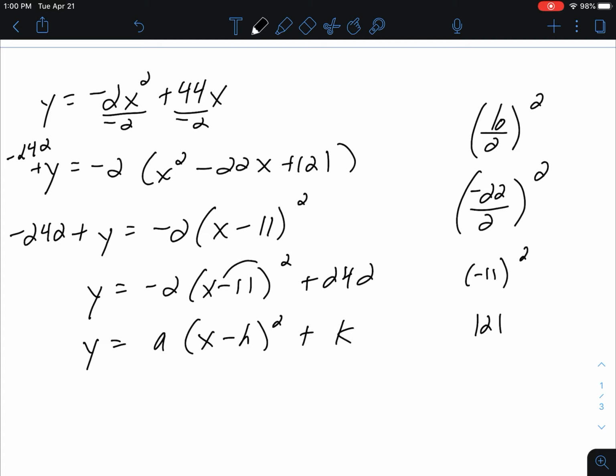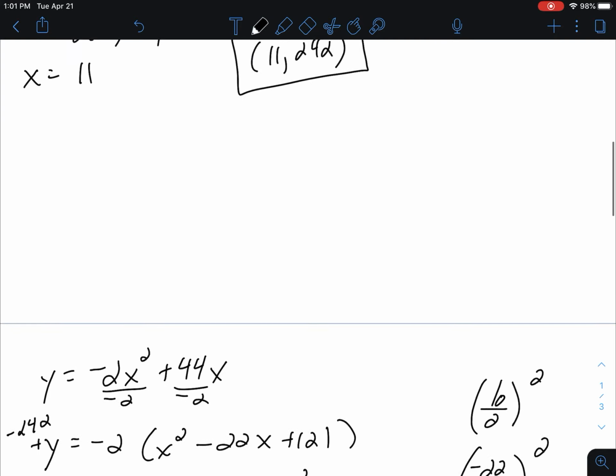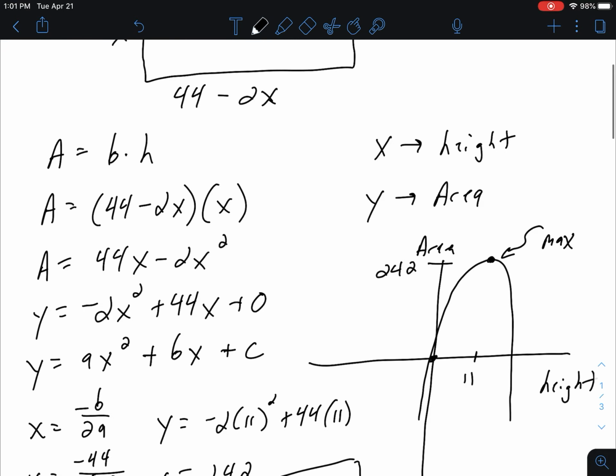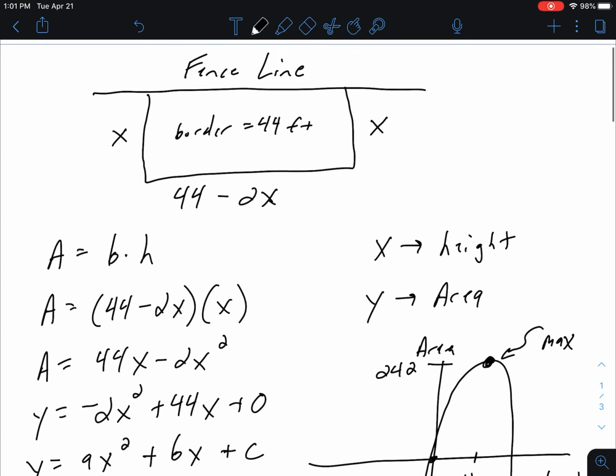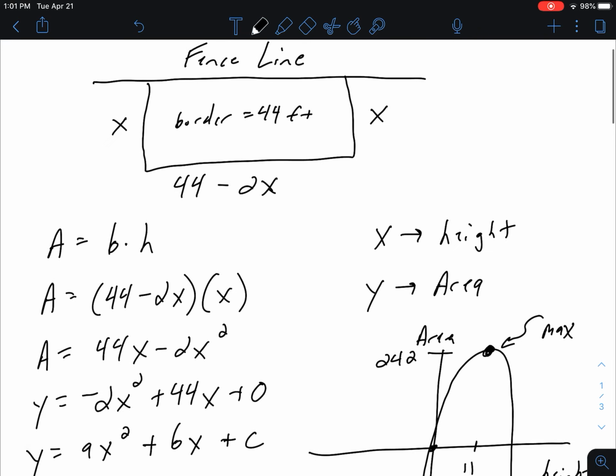And your vertex being h comma k, and once again, that's the vertex we talked about up top, 11, 242, which is maximizing the area using that 44 feet of border fence that I have available.